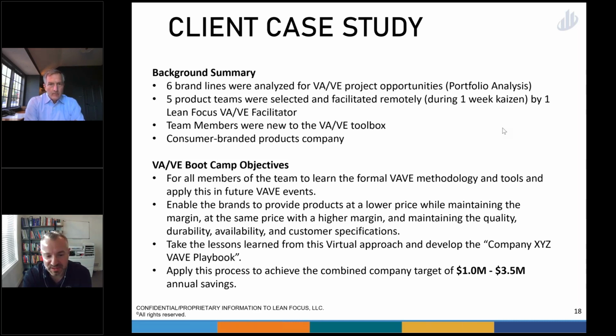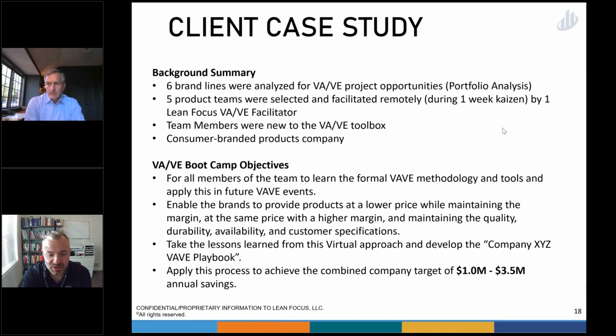We wanted to give them the ability to provide these products within these brands at a lower price while maintaining the margins that they were used to, while not sacrificing the quality and the durability of the product, which was very important in this application specifically. And then the customers also have a very strong voice in terms of features and benefits and things like that. So all these ideas had to be run through them.